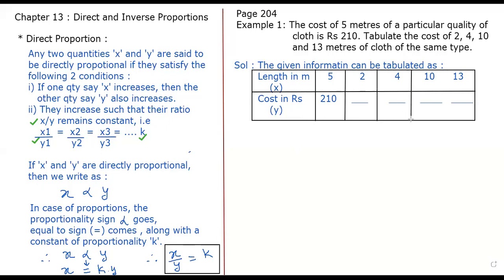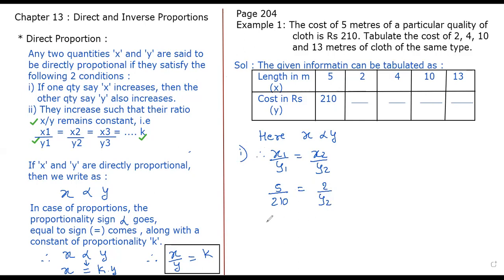For direct and inverse proportions, you will always prepare a table. Then we'll write further. x is directly proportional to y. Therefore, x1 upon y1 will be x2 upon y2. Put the values: 5 upon 210 is equal to 2 upon y2.